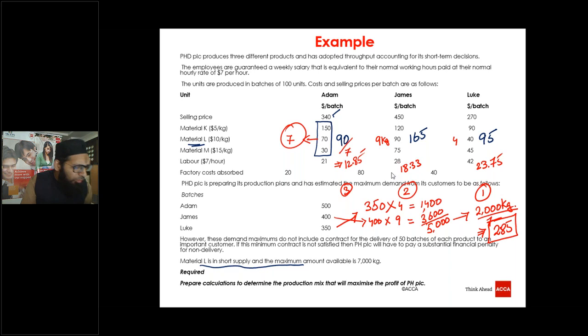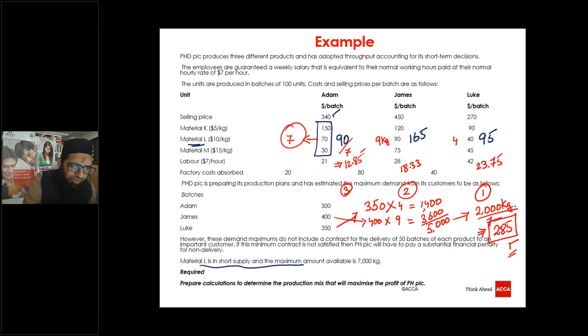One of the students has asked me, what about the 50 batches of the important customer? Dear, these 50 batches are already included. My production plan has already crossed 50 batches in each case, so this will not affect my production. One of them has asked me to recalculate 285.